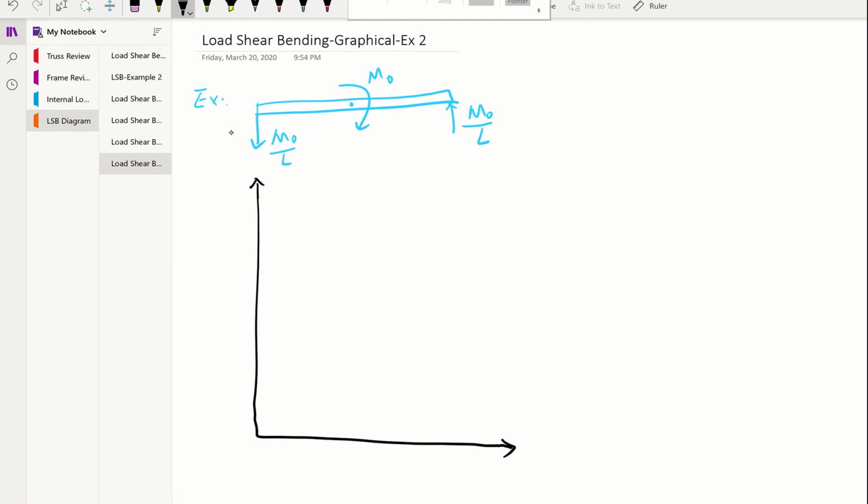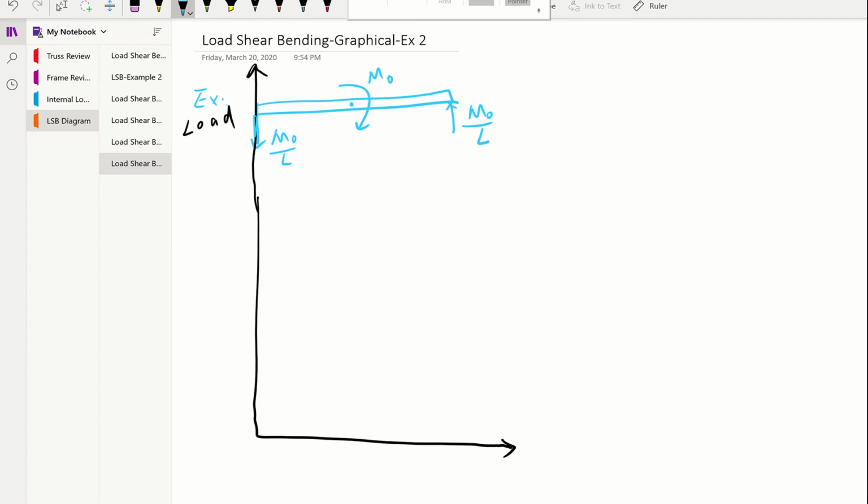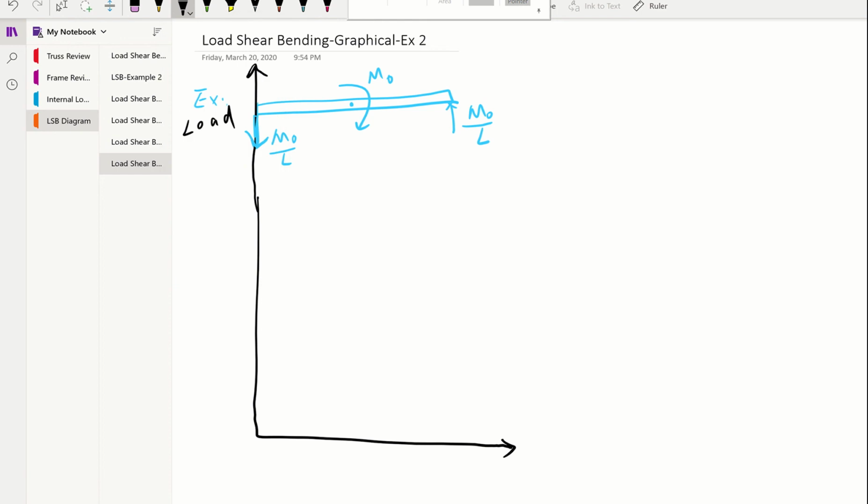Okay, so the load here, actually I'm going to save some time. I'm just going to directly use this, right? That's our load. Basically, it's our FBD. I'm going to highlight this a little bit better. Now, we have our load diagram.